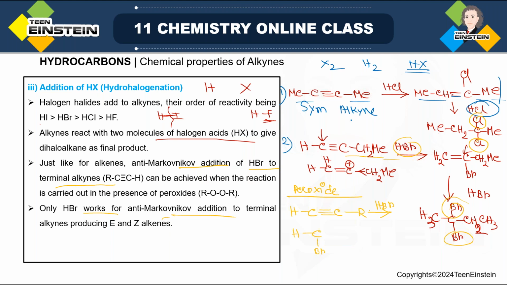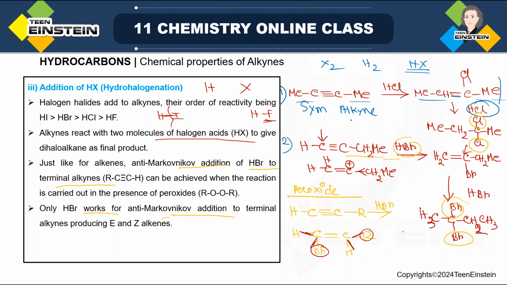Now Br will be added to that carbon where R is not present. So it will be reverse. And here both isomers will be produced. So here this Br and R, if I write R and H like this, they are opposite, so you can call it E. And if R and Br are on the same side, you can call it Z.